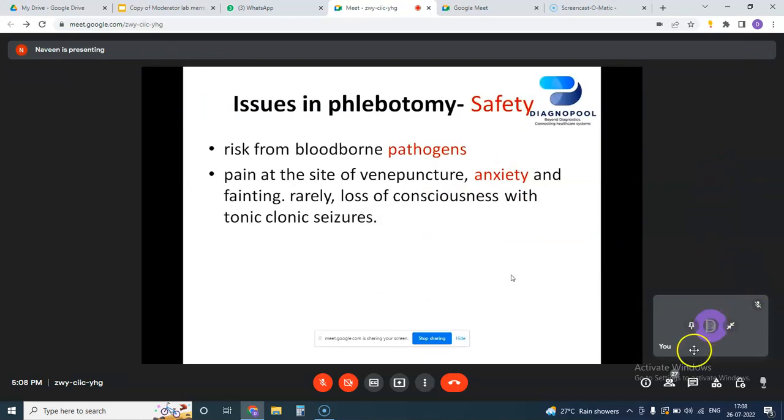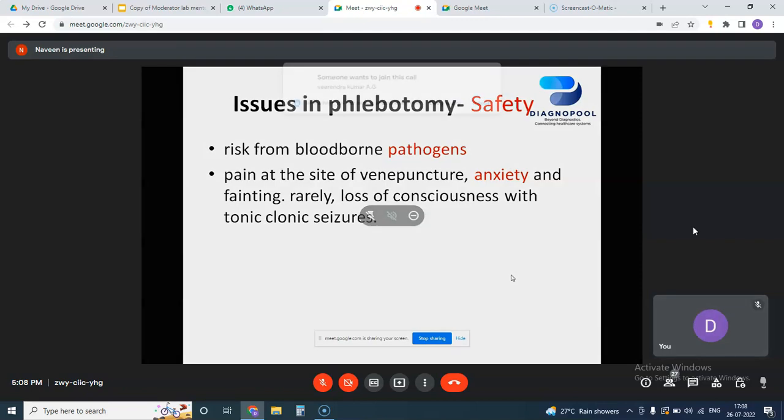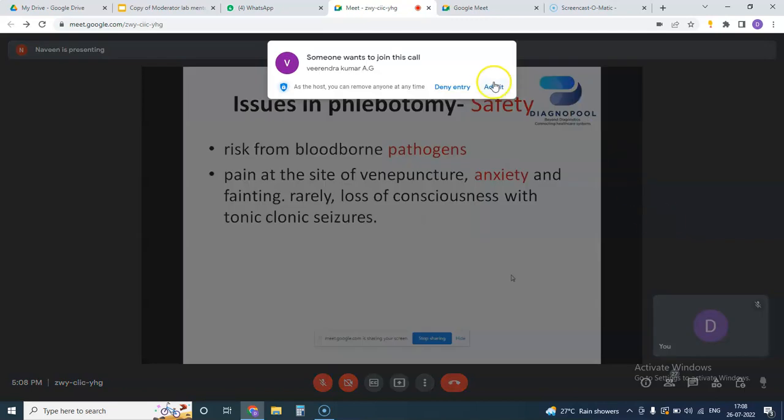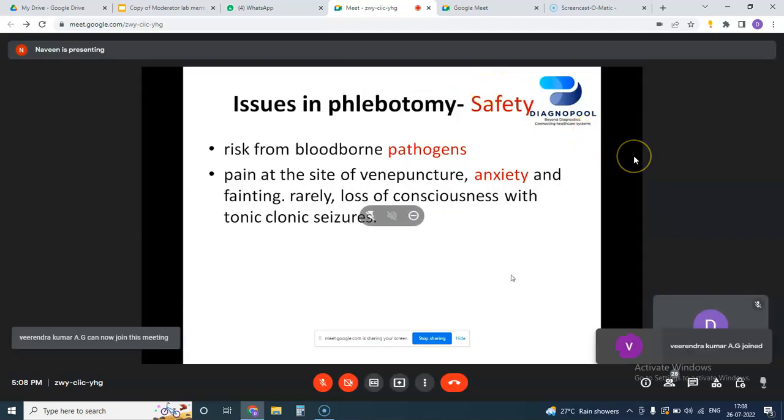Then there are those related to the safety of either the patient or the phlebotomist, like transmission of pathogens through the blood, which is one risk. So the technologists or the phlebotomist should have an idea about infection control and prevention. I will be talking more elaborately in the coming slides.